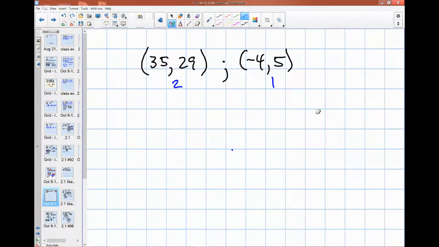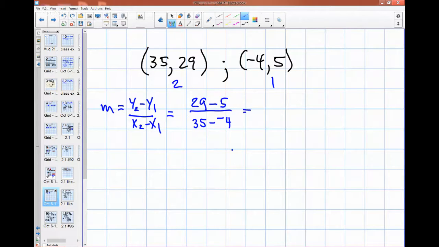Okay. So let's start by finding the slope. The y from point 2, 29, minus the y from point 1, 5, over the x from point 2, 35, minus the x from point 1, negative 4.